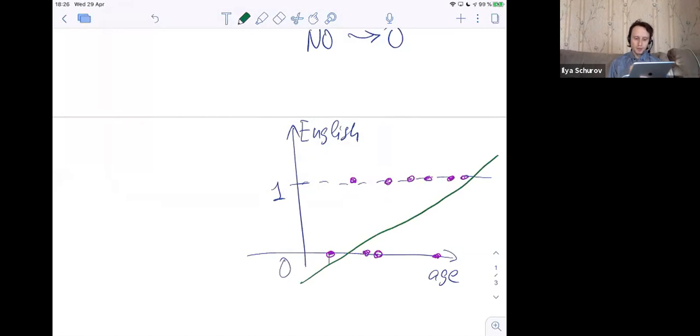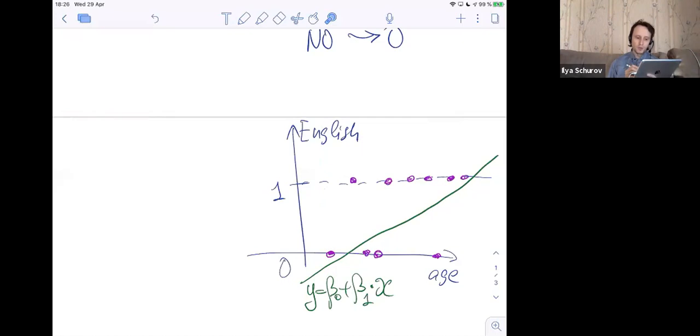But this model is not very interpretable. Because, okay, we have some line like y equals beta naught plus beta 1 times x. But let us think about, for example, this point and the corresponding value of y.